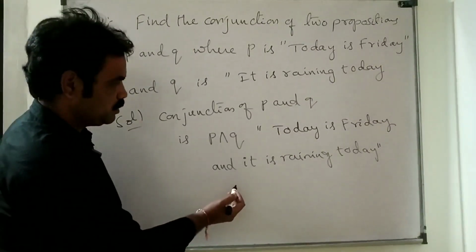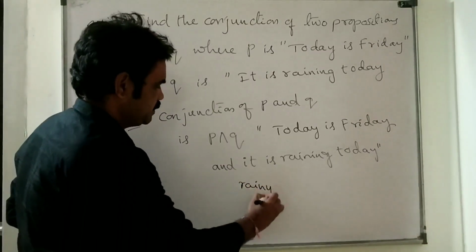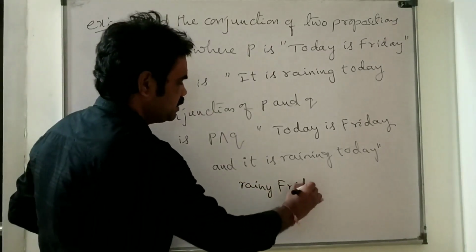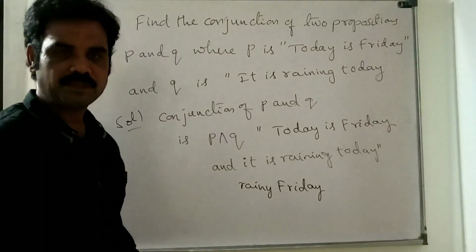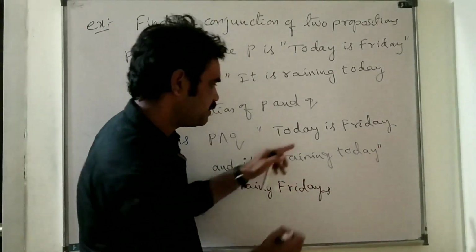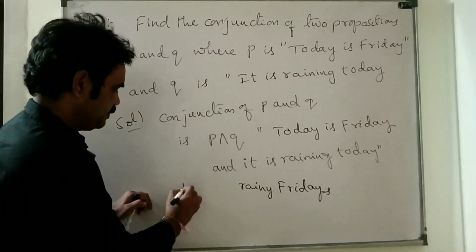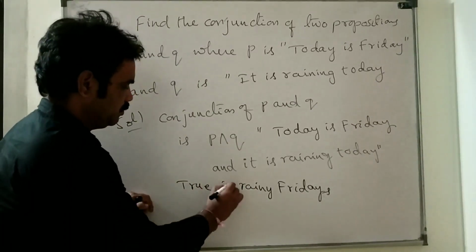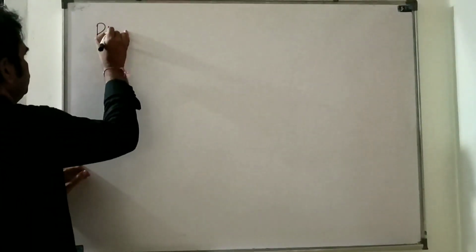This statement is true on rainy Fridays. Since you know that conjunction is true only when both the statements are true, that means this statement is true only on rainy Fridays.